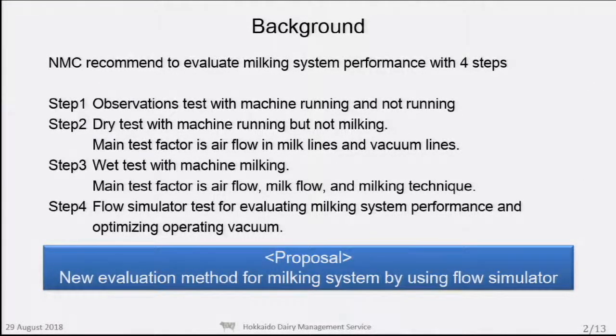Main test factor is airflow in the milk line and vacuum lines. Step 3, wet test with machine milking. Main test factors are airflow, milk flow, and milking technique. Step 4, flow simulator test for evaluating milking system performance and optimizing operating vacuum.